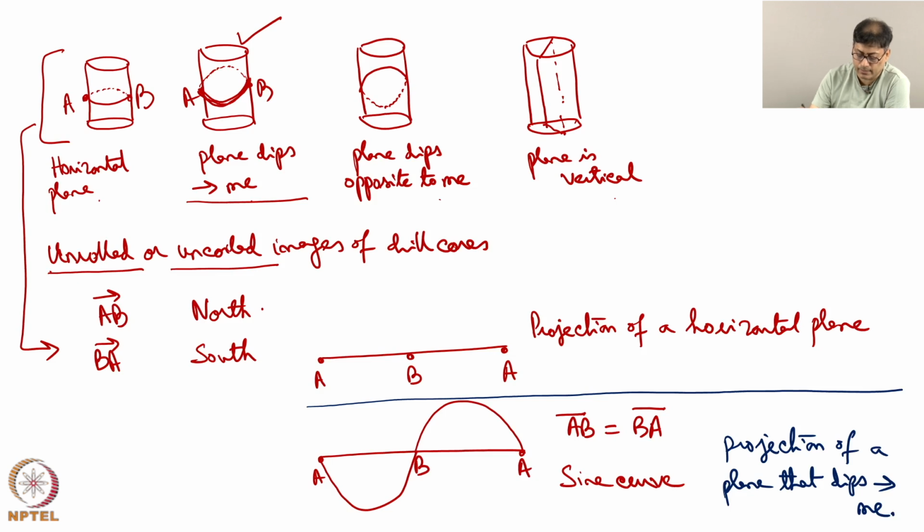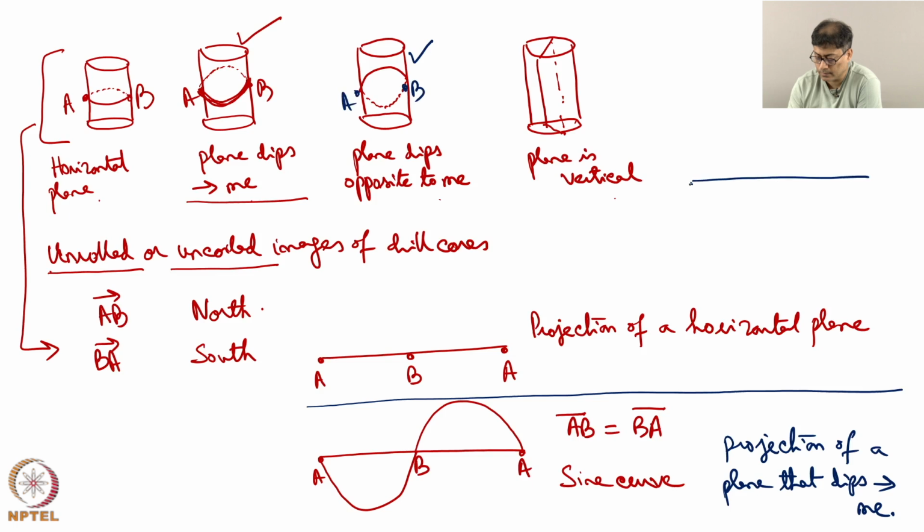Now, we can take the case of a plane that dips opposite to me, and how its projection will appear in the unrolled or uncoiled image. Here I take point A and here I take point B. From A towards B the curve moves up, and from B towards A, on the rear side, it goes down. So, it looks like this.